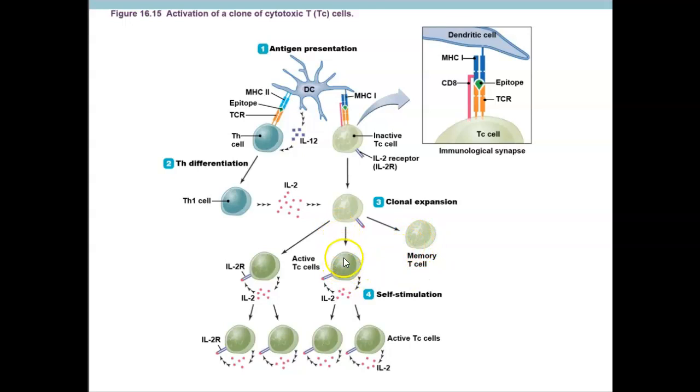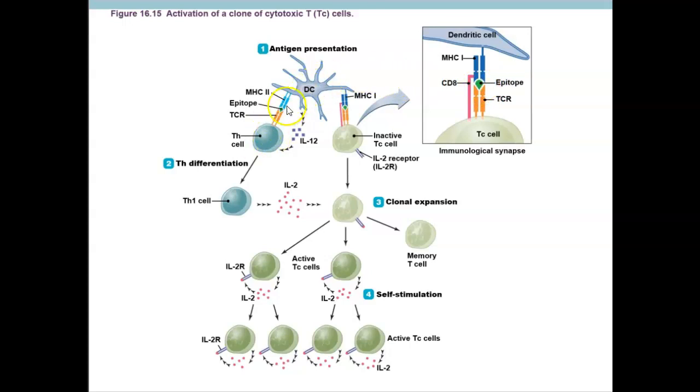And so we get these active cytotoxic T cells that respond to different kinds of things, but there's also self-stimulation here. So the T cells are making cytokines that they then respond to their own self-produced cytokines. And so we get active, aggressive T cells going out to find where did this epitope come from, and they're going to kill whatever cell's making it.